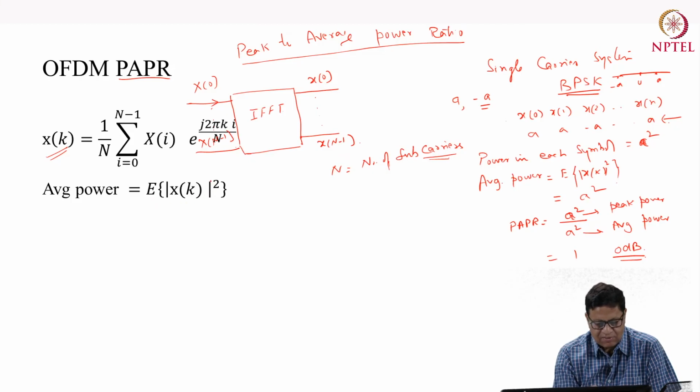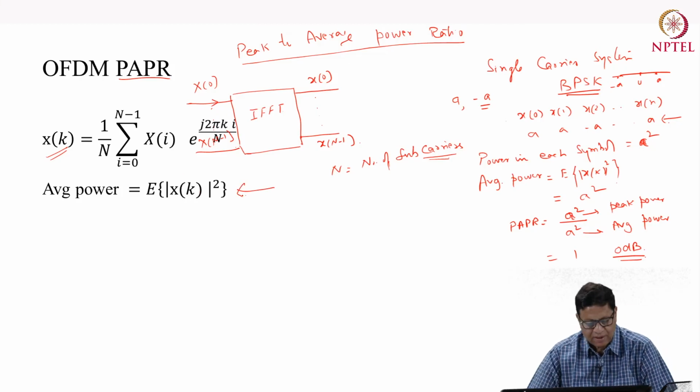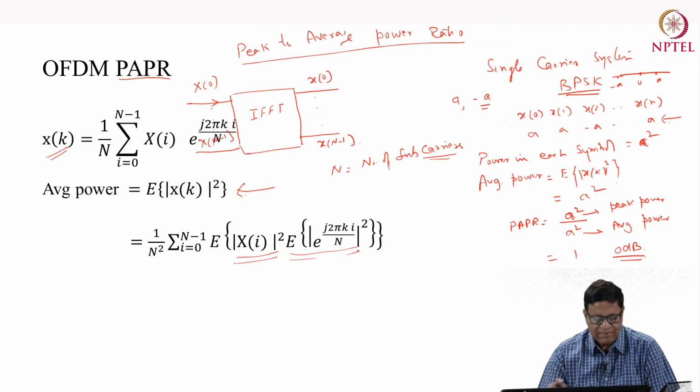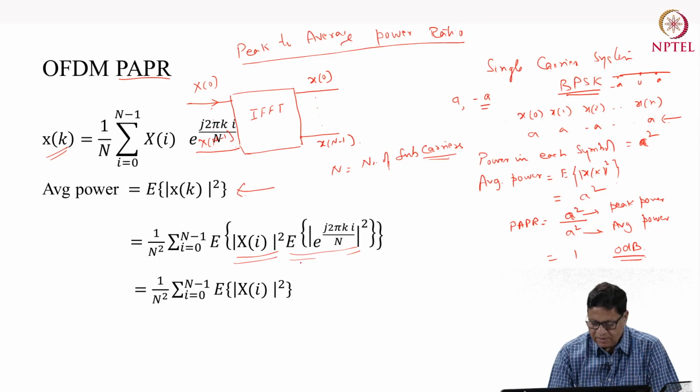Now let us put this value of xk here and try to evaluate this average power. So this will become 1 by n square, summation, mod value of xi square, and expected value of this. And this is 1.